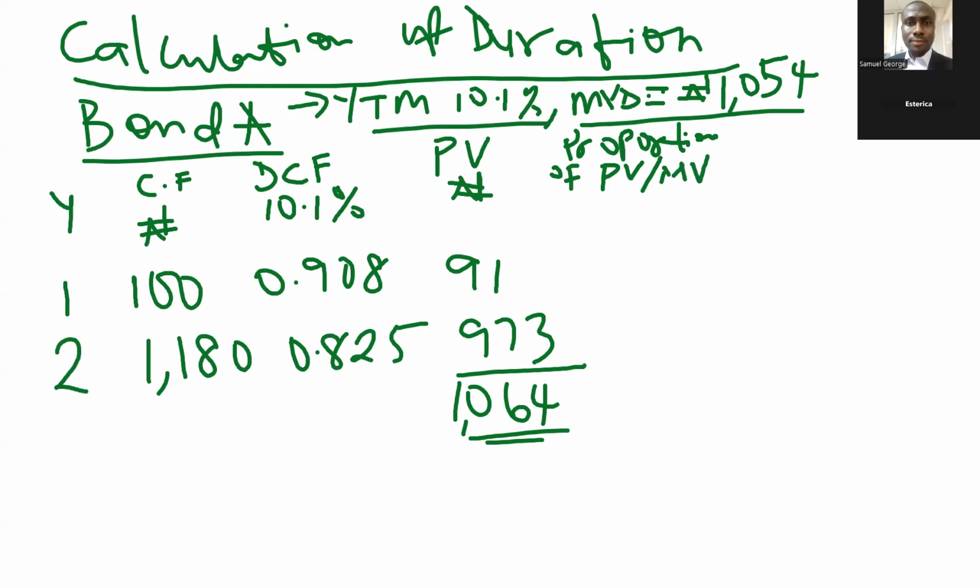In year 1, 91 divided by market value, 1,054. The proportion is 0.086. For year 2, PV 973 divided by 1,054, 0.923.